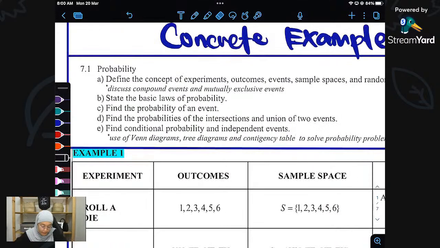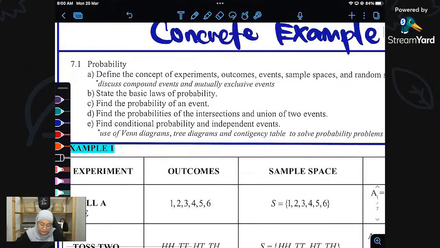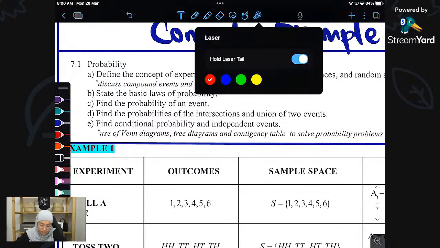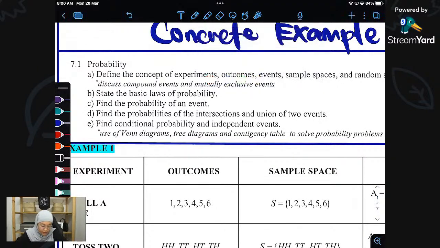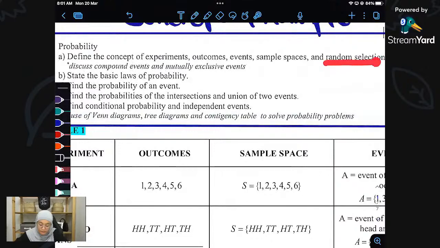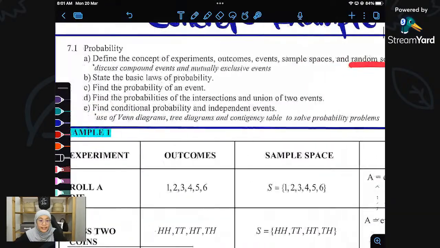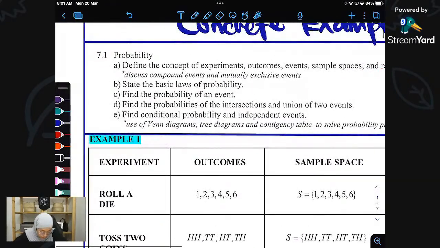Let's have a look at these 5 learning goals. The first learning goal here is to define the concept of experiments, outcomes, events, sample spaces, and random selections. Can you see? Okay. And then the second objective is to state the basic laws of probability.